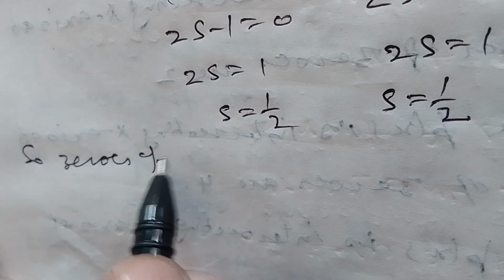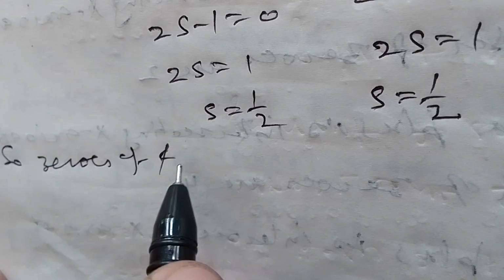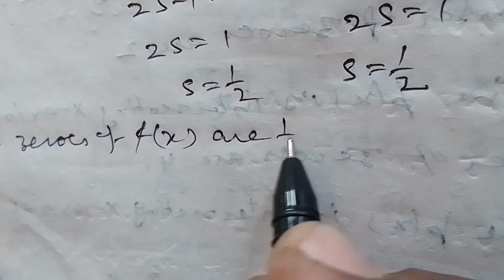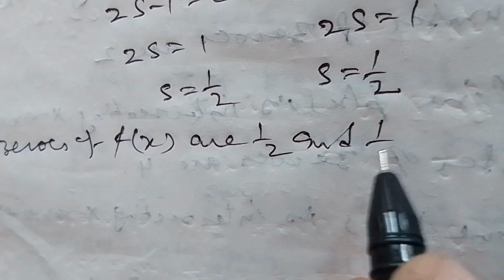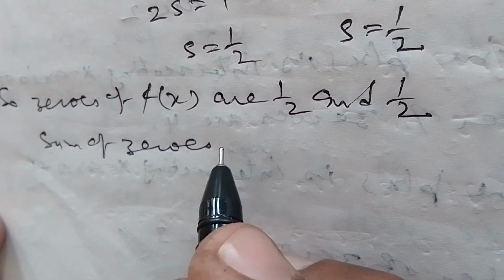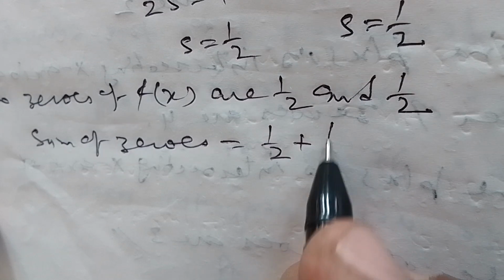So the zeros of function f(x) are half and half. The sum of zeros can be written as 1 by 2 plus 1 by 2.